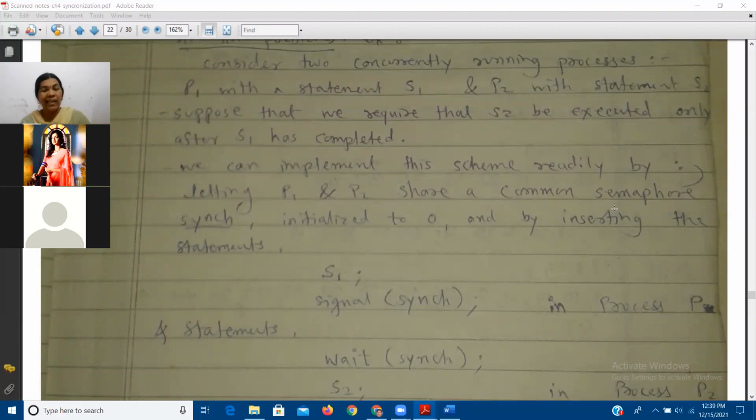So P1 will set the semaphore variable to 5. P2 is outside the washroom. What will P2 do? P2 will wait outside the washroom, that is, outside the critical section.